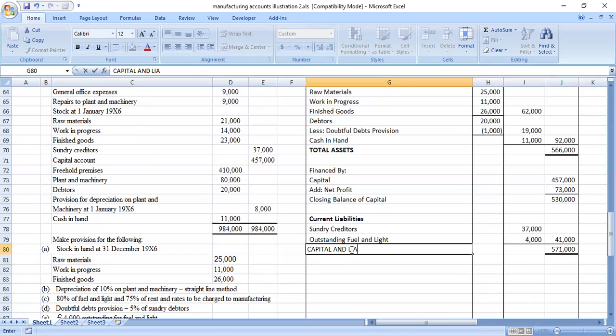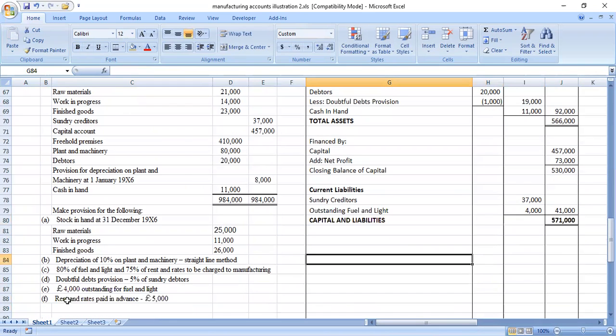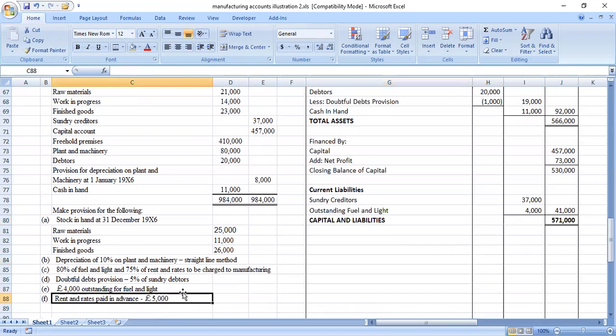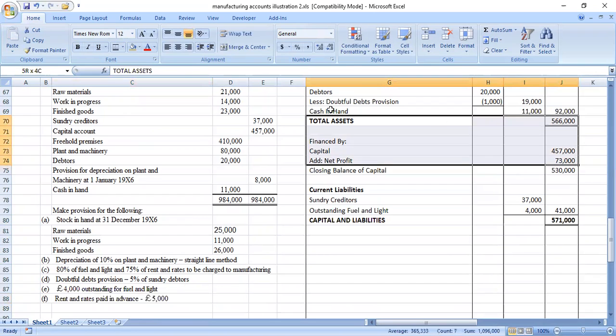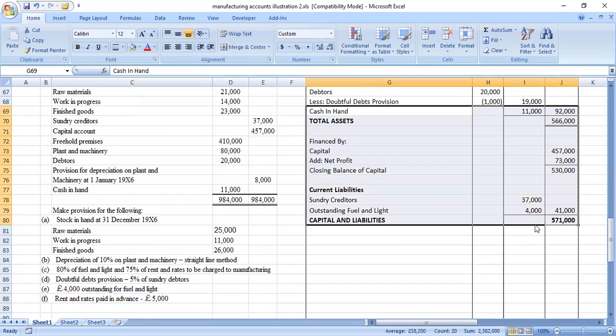Yes. Yeah. So imekataa kubalance, I think. Let me correct this. Okay, the expenses paid in advance should be treated as current assets. So the rent and rates prepaid, we shall add them to the current assets. Sawa sawa? Yes.